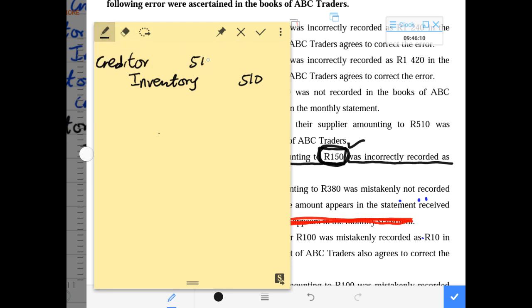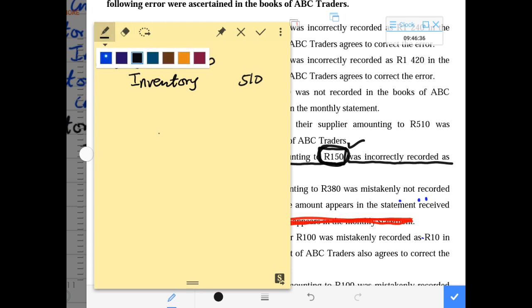So now we have to do the opposite of what was done, where we say our creditor was over decreased, because remember, by recording a creditor on the debit side, you are decreasing the creditor. Our inventory was also over decreased because inventory decreases on the credit side, but the amount recorded was more than what was supposed to be.